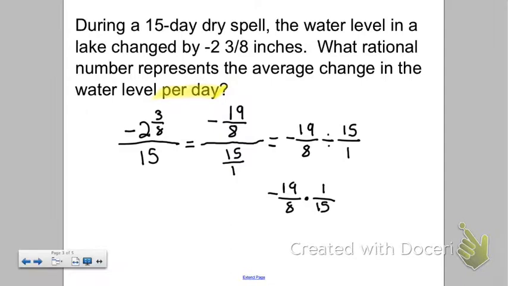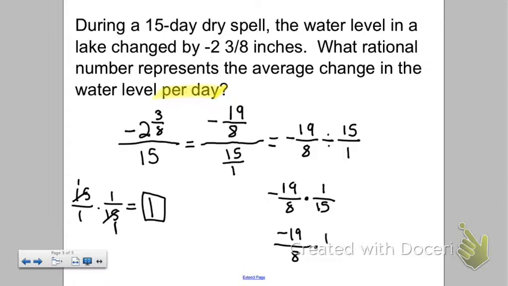So this 15 over 1 and 1 over 15, they are reciprocals of each other because 15 over 1 times 1 over 15 can cancel out the 15s to make a 1, will be equal to 1. Now this negative sign can go with either the numerator or the denominator. I'm going to put it with the negative 19 over 8 times 1 over 15.